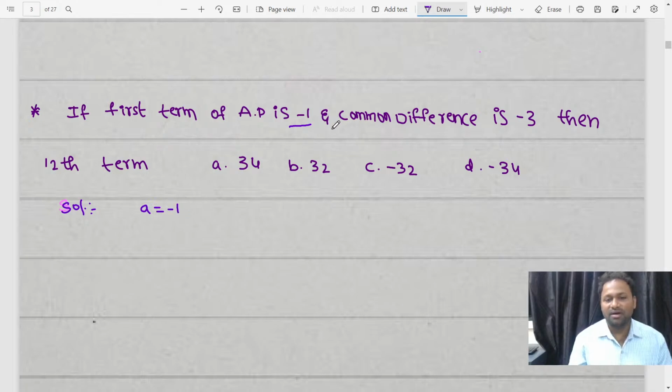First term is given, no? And next the common difference is given. What is the common difference? D we can denote as the common difference. D is equal to minus 3.